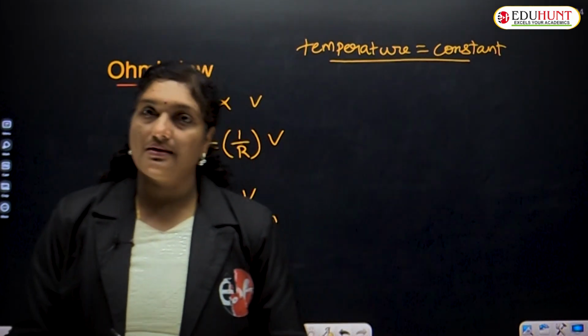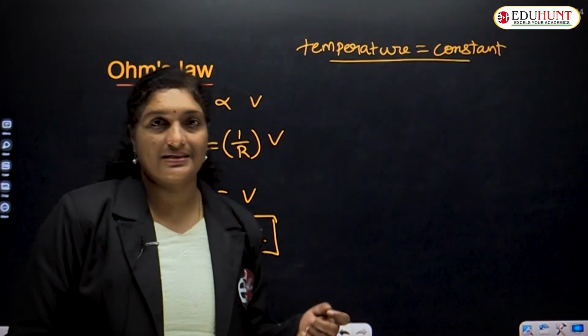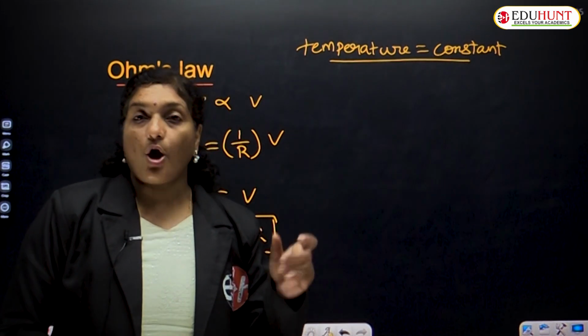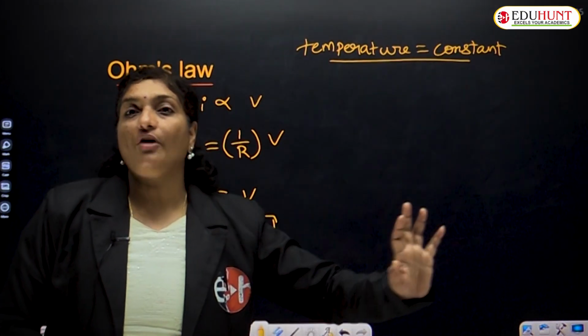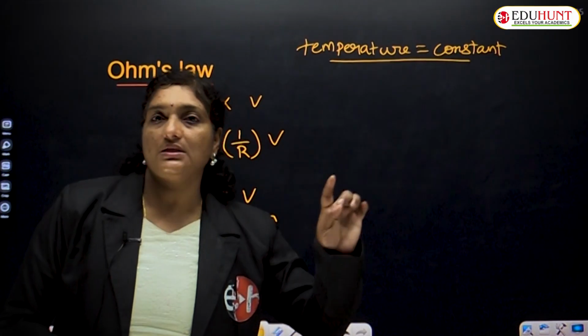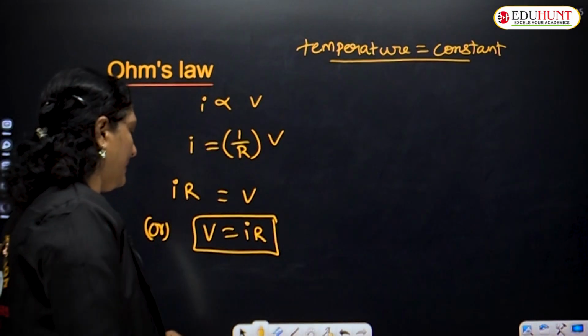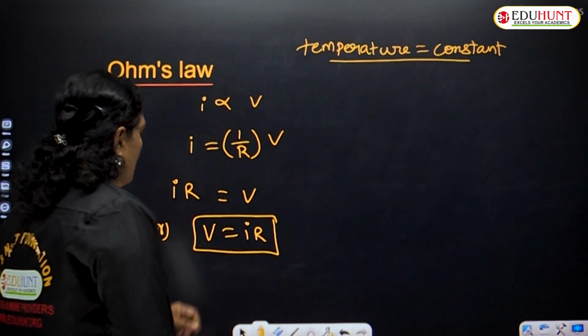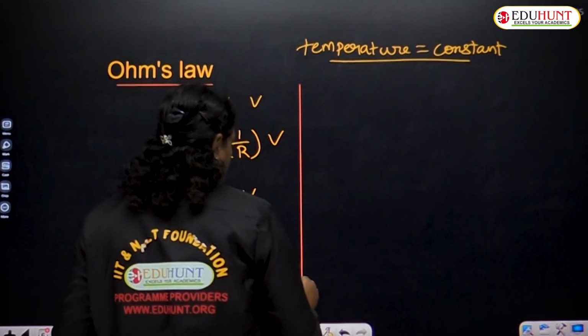Children, what is a resistor or resistance? It is a device which opposes the flow of charges through the circuit, such that the circuit can function properly. From this we can also write down the value of resistance.